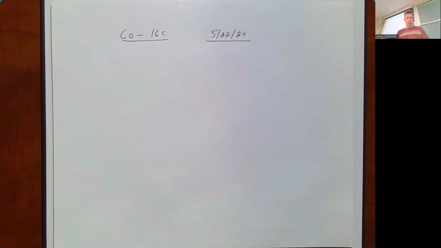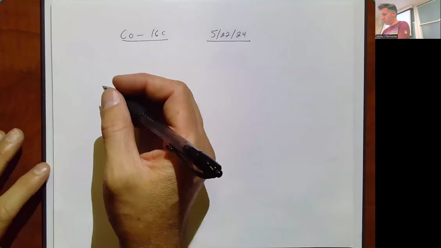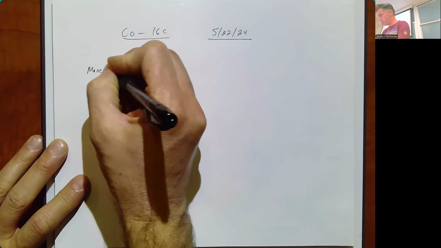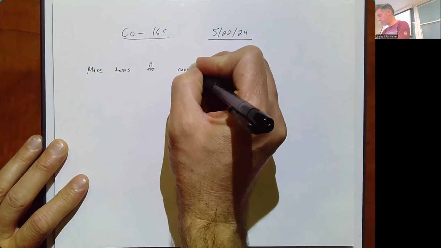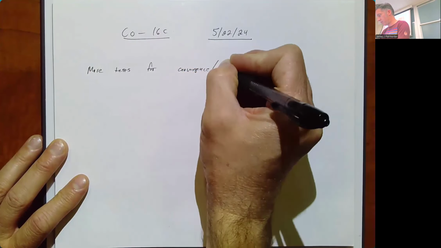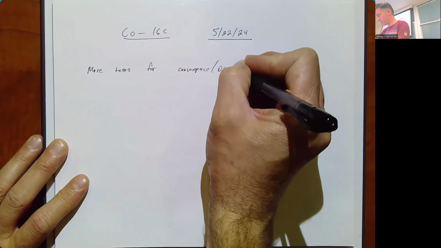Yeah. So today we have two tests to talk about. One is the P series test, and this stuff you should have seen on Monday, I believe, in class. So more tests for the convergence or divergence of a series.